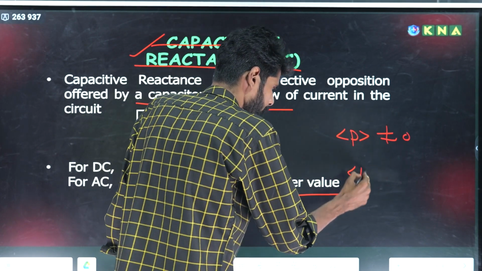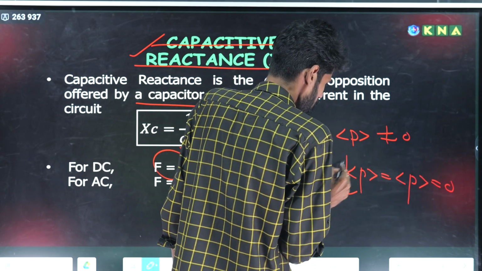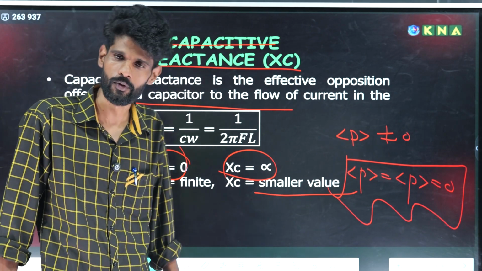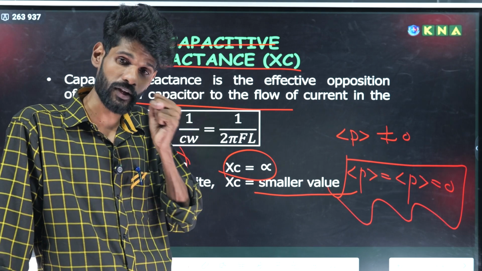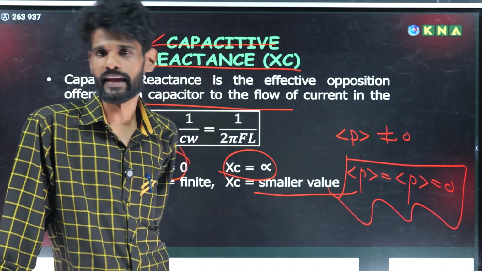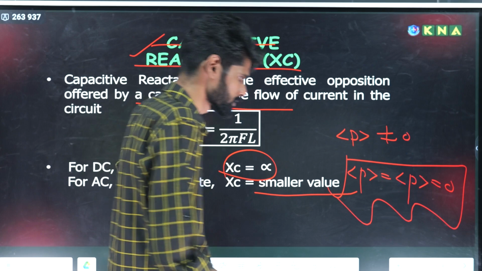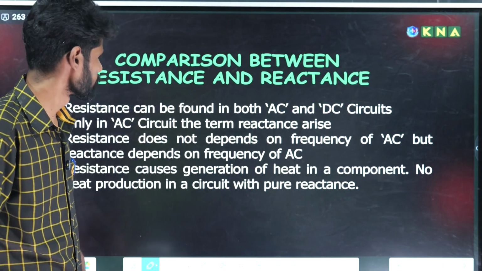For a pure capacitive and pure inductive circuit, the average power consumed equals 0. So power is consumed only in the presence of resistance. Only where there is resistance does power dissipate, otherwise there is no power dissipation. So in a pure inductor and pure capacitor, there is no loss of power because there is no resistance.